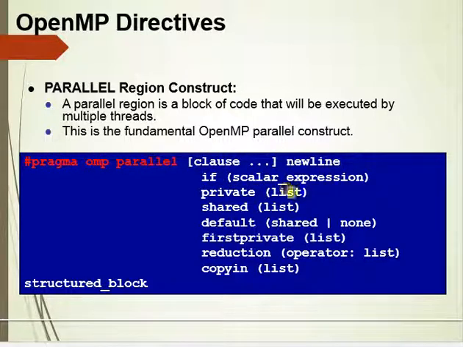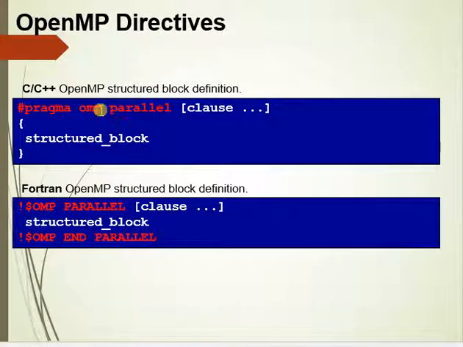Here is a conditional expression. Clauses include variable, private, shared, default, firstprivate, reduction, copyin. This is a structured block. Here is the C++ OpenMP structured block definition. The structured block is within the braces. In Fortran, we represent it like this.